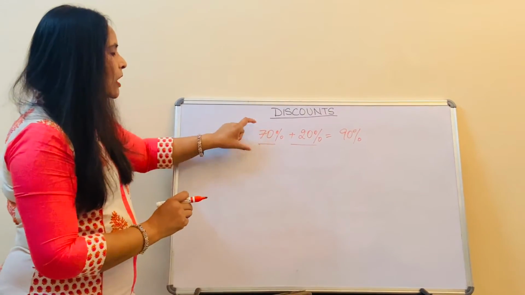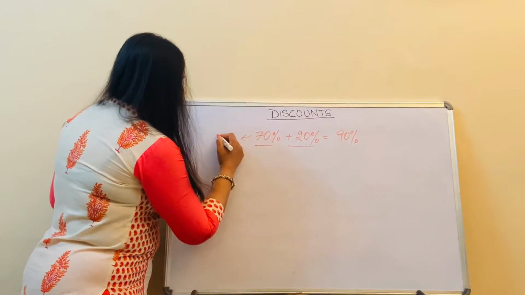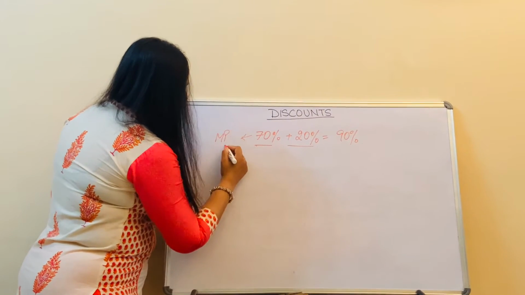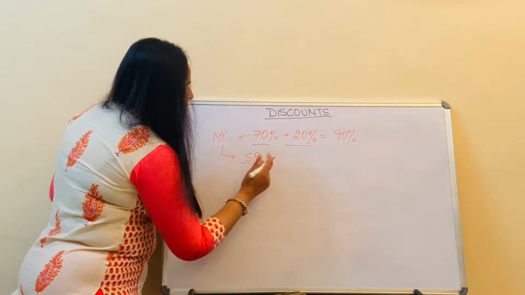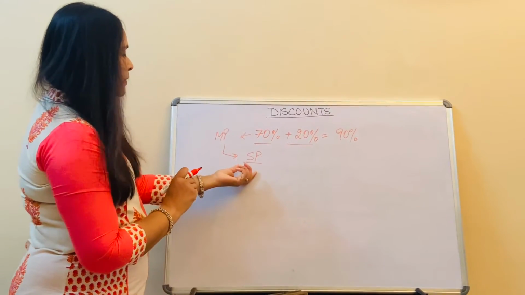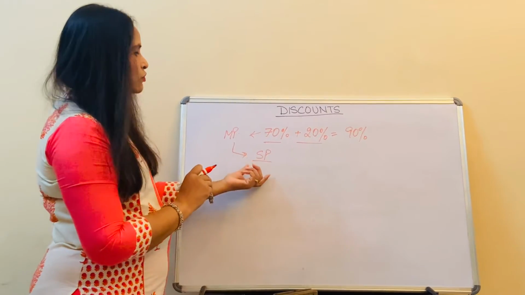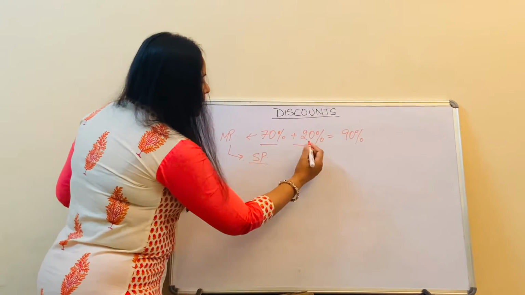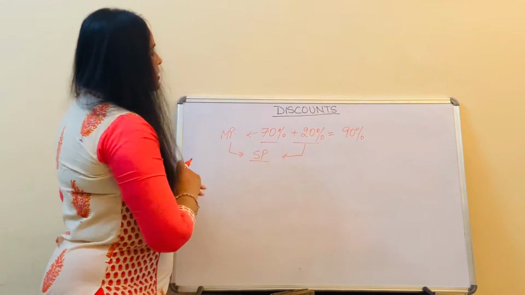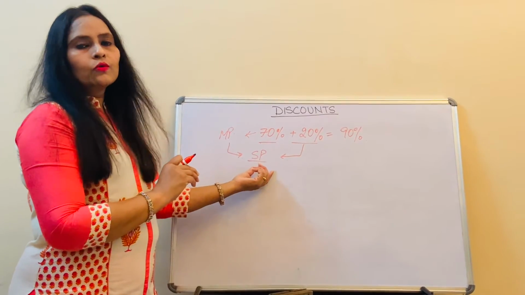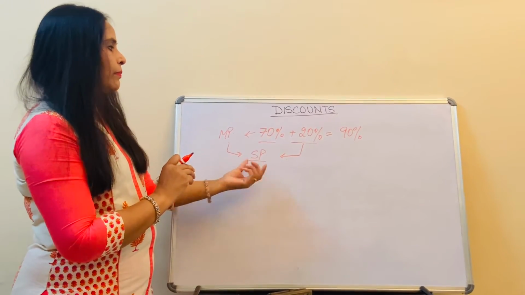The first discount will be on the mark price. After this calculation, we will get the sales price or net price. Now the second discount will be given on that reduced sales price or net price.